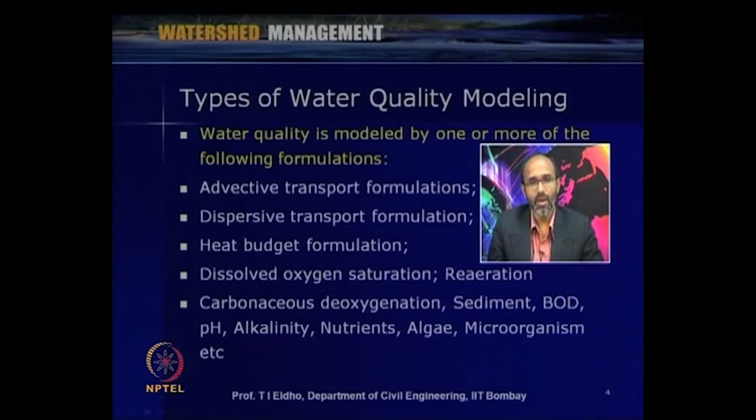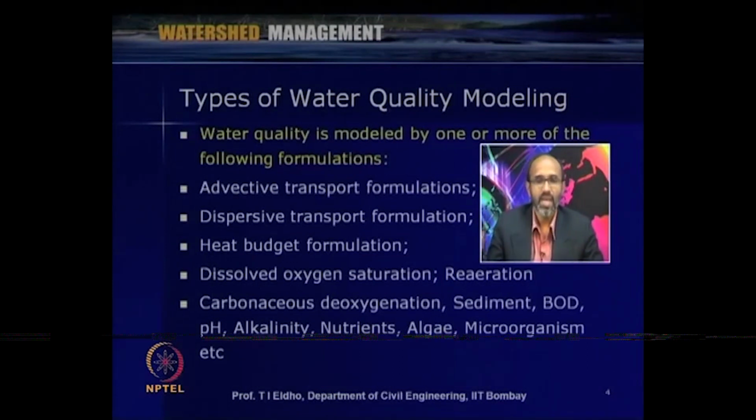So that way we can have heat budget formulations, or we can also study the issues related to water quality related to dissolved oxygen content, and whether it is decreasing or increasing, and if you go for aeration, how we can re-aerate, and how much saturation can be achieved.